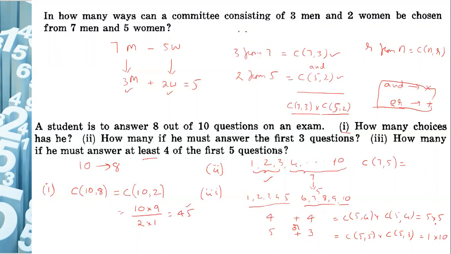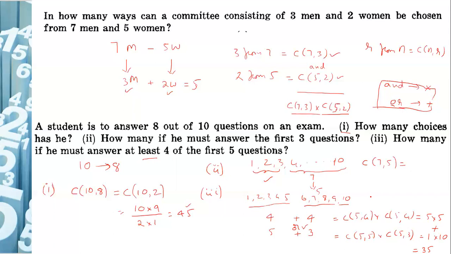So, 25 and 10. Do I have to multiply these two or add? See here, it is OR: either this choice or this choice. This choice will give you 25 possibilities, this choice will give you 10 possibilities. So I have to add. The total number is 25 plus 10, 35.